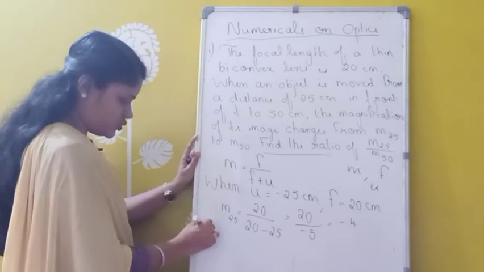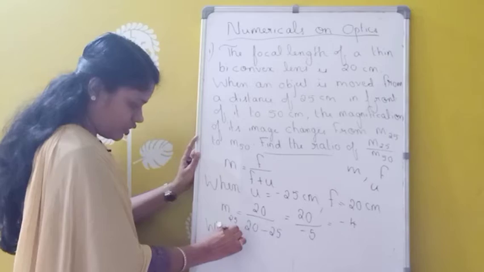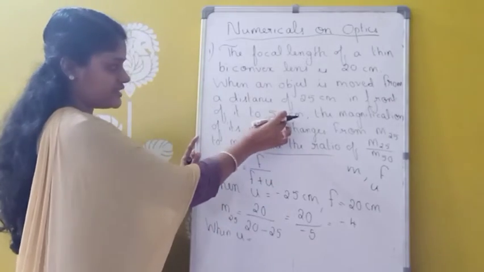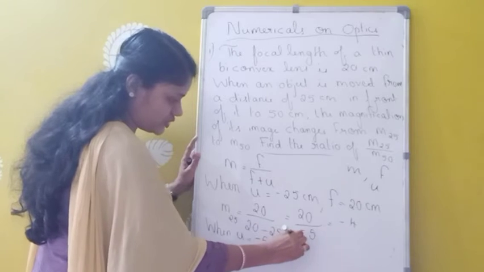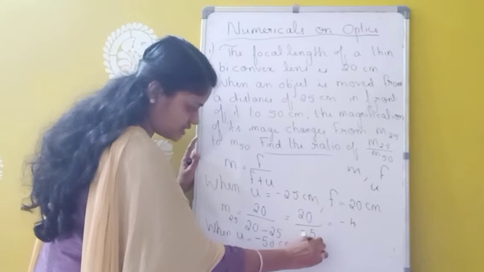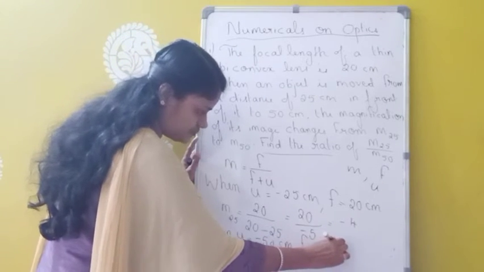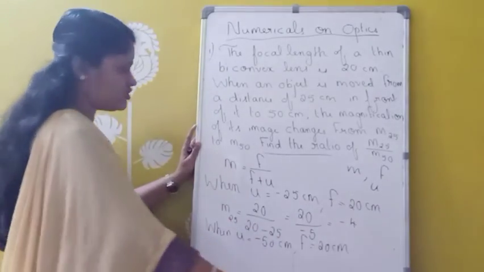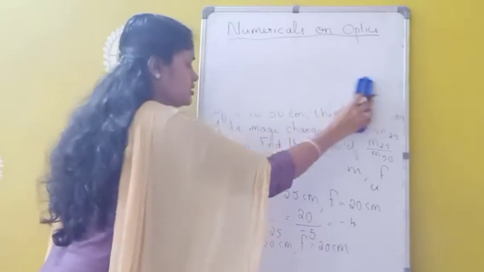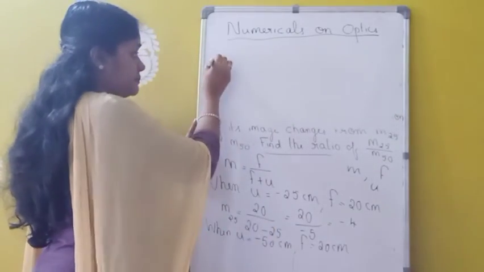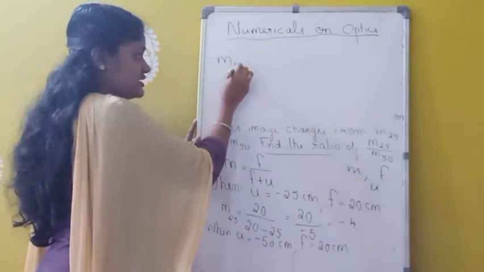Similarly, when object distance U equals how much? In second case 50. So minus 50 centimeter. So focal length is same only. So what is focal length? F equals 20 centimeter. Okay. So again we have to apply this formula. So we have magnification M at 50 centimeters. So we can write as M50.